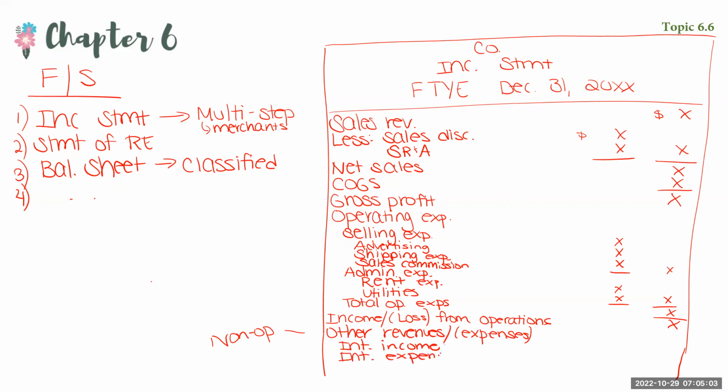Okay, you can read through the chapter for some other examples. Subtract or add all those. Now we get net income before taxes. Okay, so we add, we subtract, and we finally get net income. Woohoo! All right, we'll work through an example in the next video.